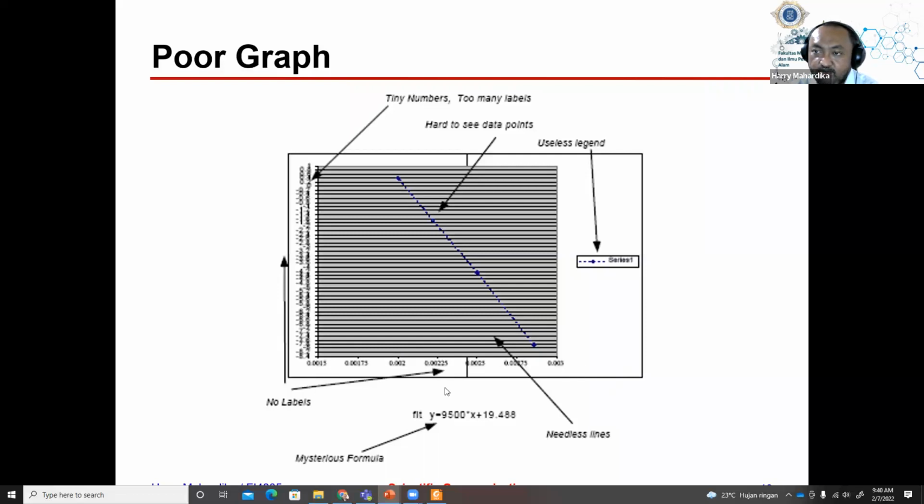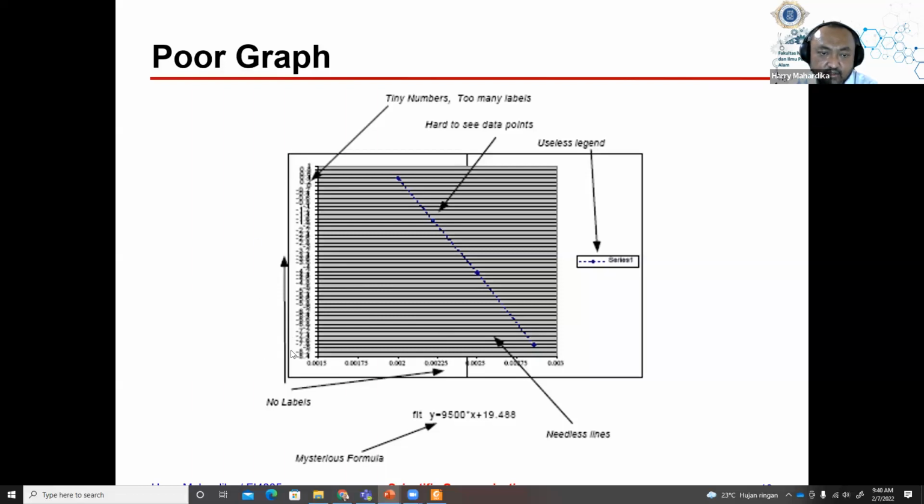The numbers on the Y and X axes are unclear, and therefore we need editing. This is where illustration or image editing becomes important, to make the numbers on both axes clearer, so that we don't have too many numbers.